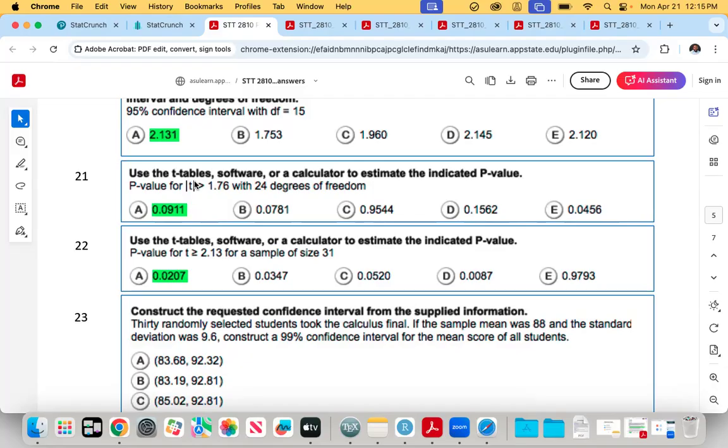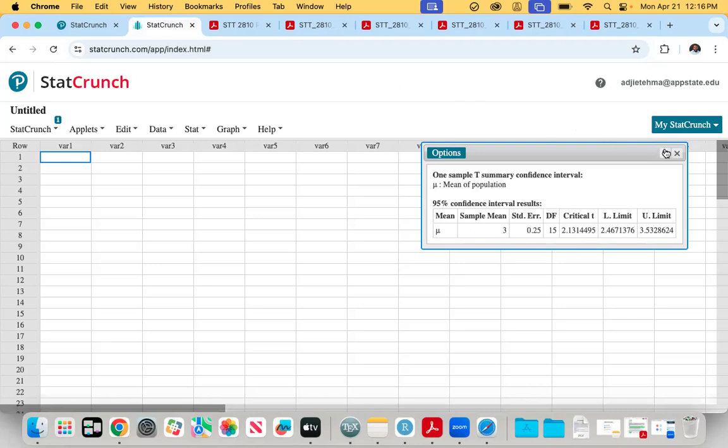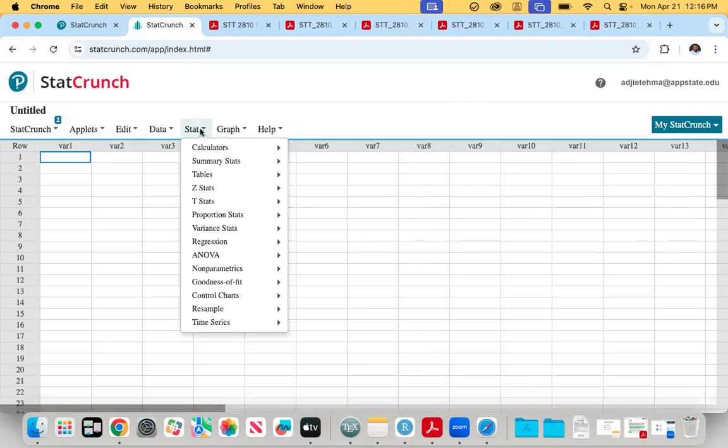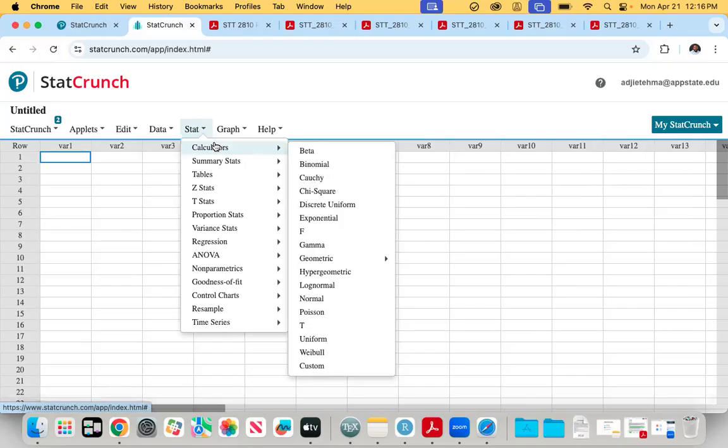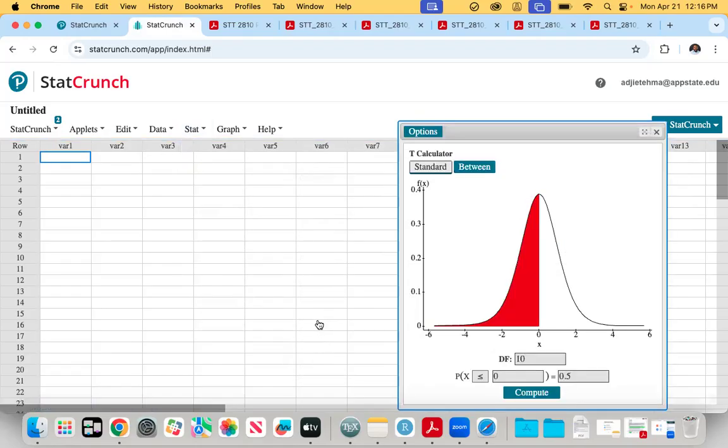Now we are going to learn how to use StatCrunch to get the P value. To do that, we go to StatCrunch, Stats, Calculators, and then we scroll down to T. I click on this one here.